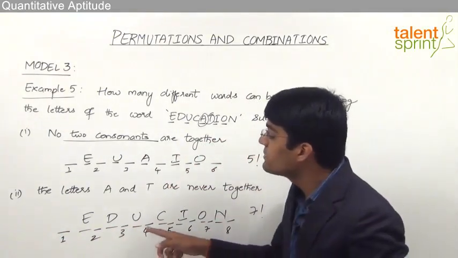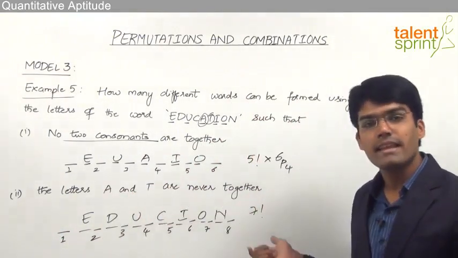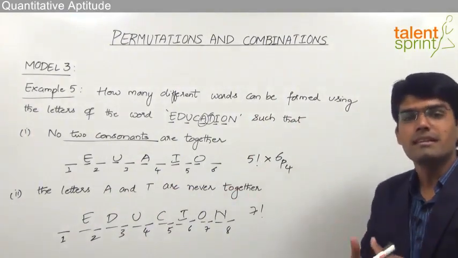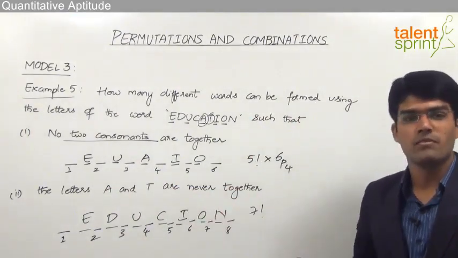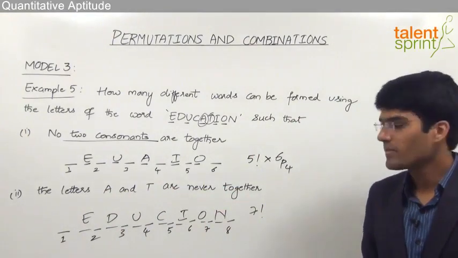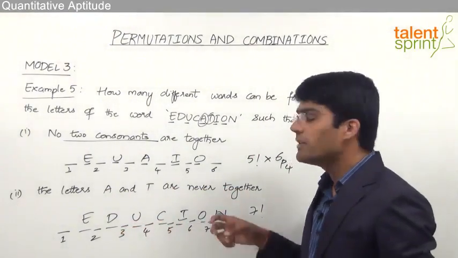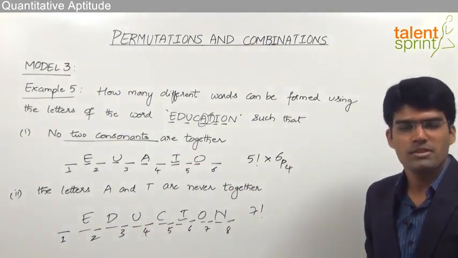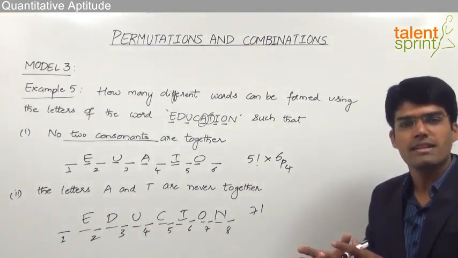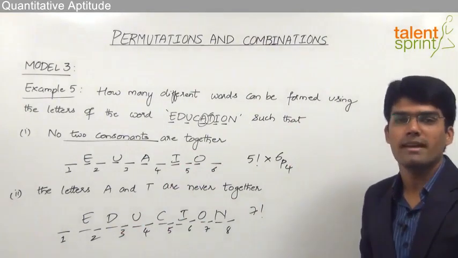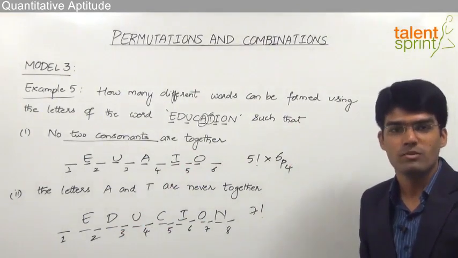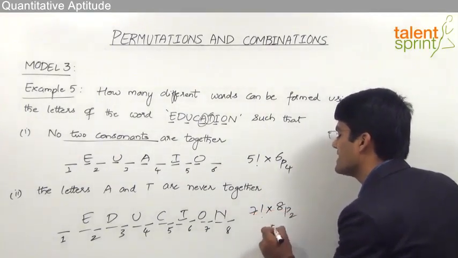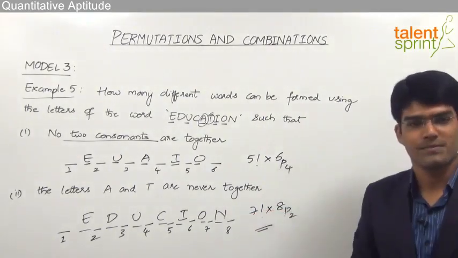So these are the 8 positions in which we can place the letters A and T. You take any 2 positions, we find that in between them at least one of the remaining letters will come. So that means they are never together. So out of these 8 positions, we need to select 2 and arrange the 2 letters in those 2 positions. So that's like total we have got 8 objects. We need to arrange 2 of them at a time. So that can be done in 8P2 ways. So we can say it is 7 factorial into 8P2. That's the answer for this particular question.